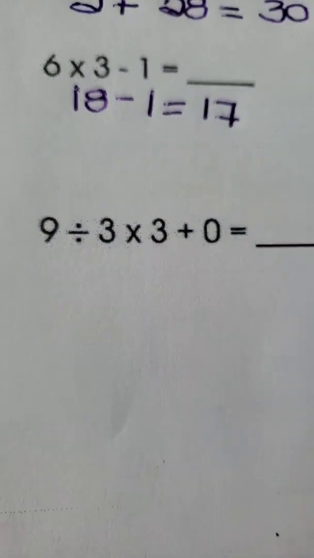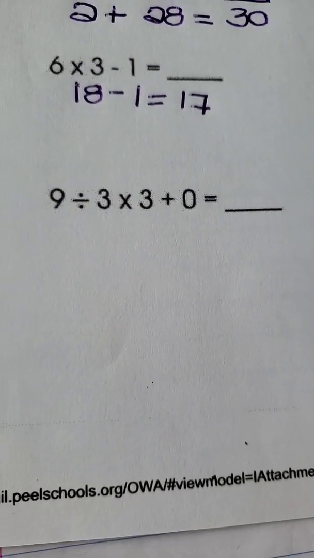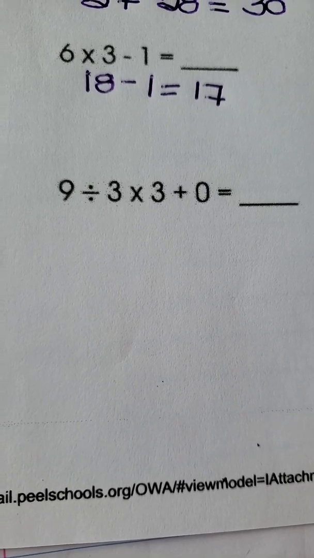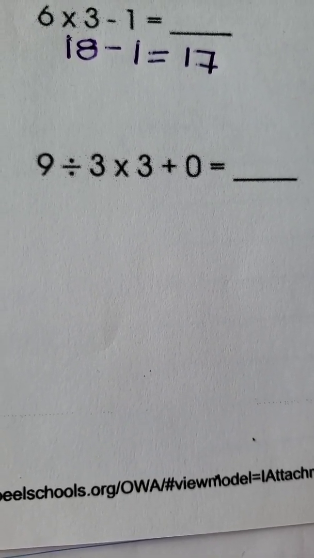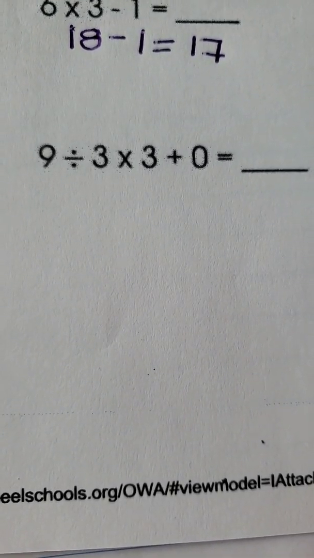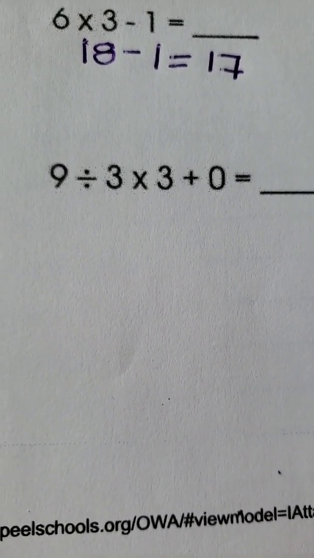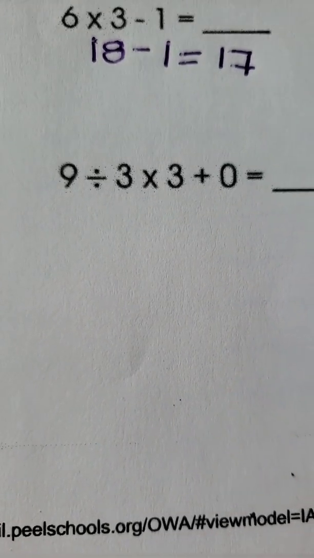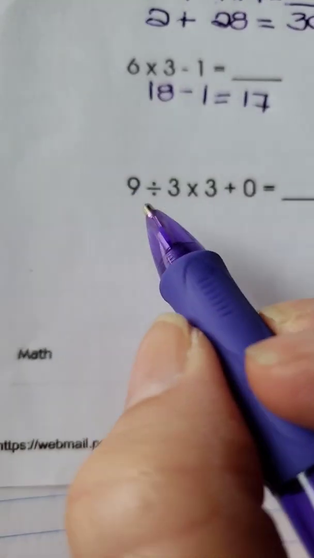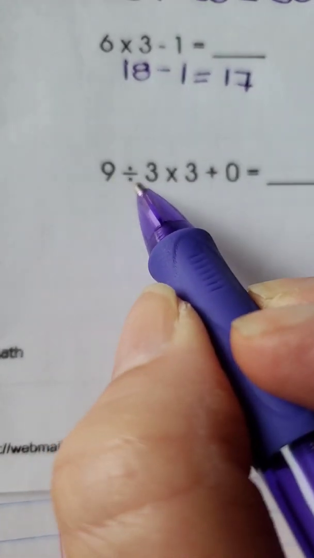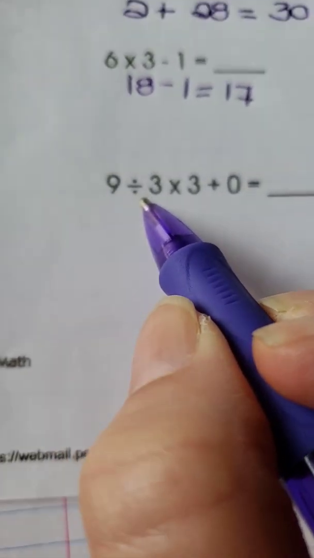This second last question, 9 divided by 3 times 3 plus 0. What am I going to do first, the multiplication or the division or the adding? And if you said division, you're right, because it's the first one that we come to. Between multiplication and division, we come to this one first.